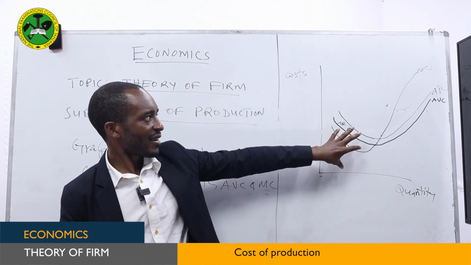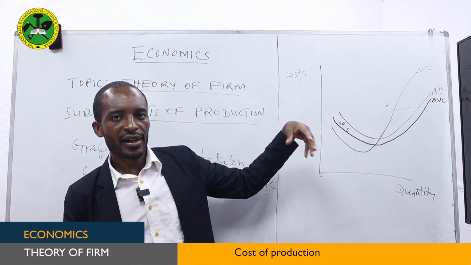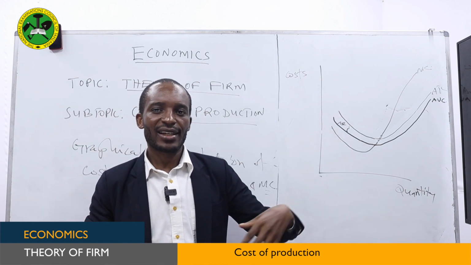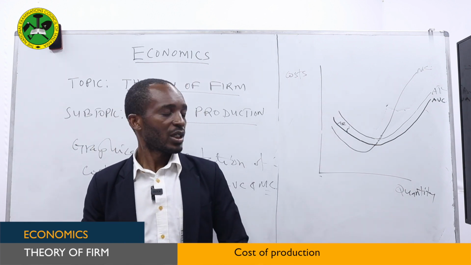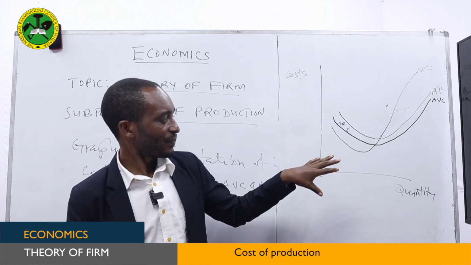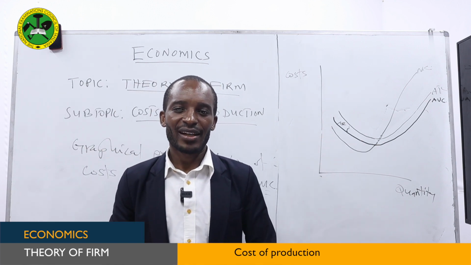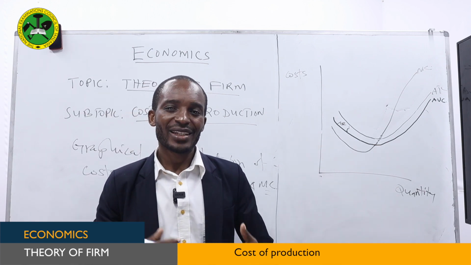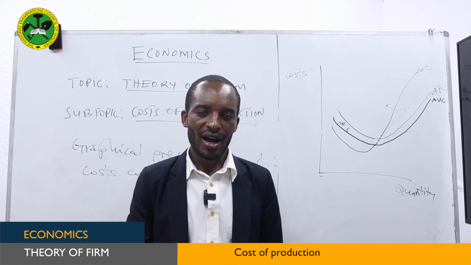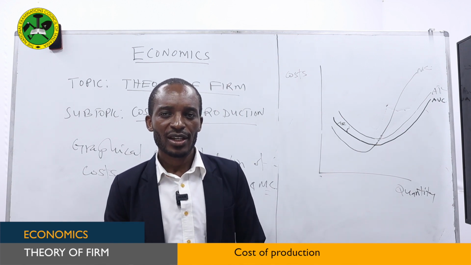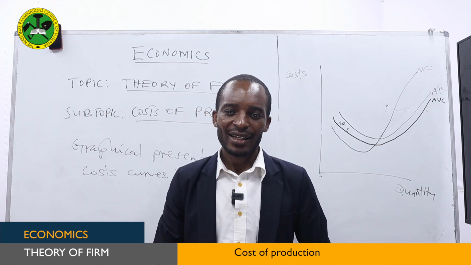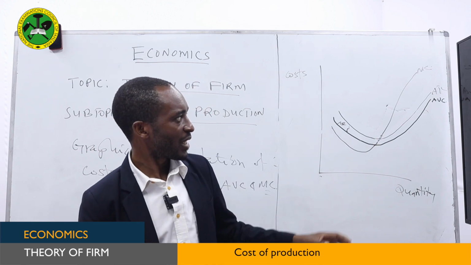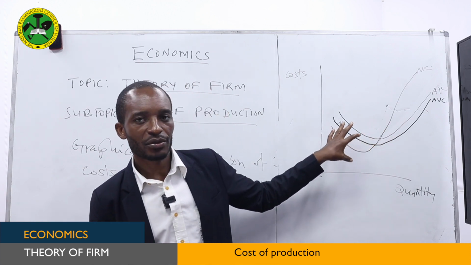So these are the three cost curves you need to know as a student, since this is very important in analyzing the behavior of the business. This will help you to make a decision on which level of output to produce, how many inputs to buy, or how many workers to employ. So using these costs will help you to make a decision on what to do.